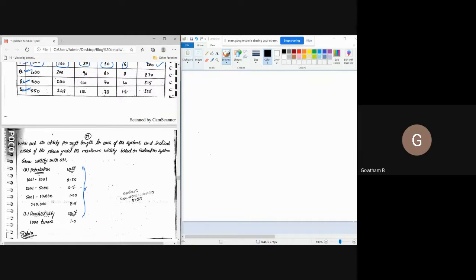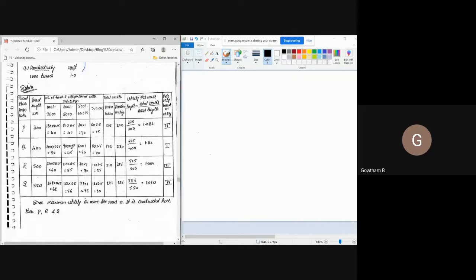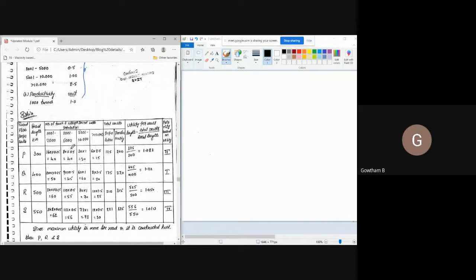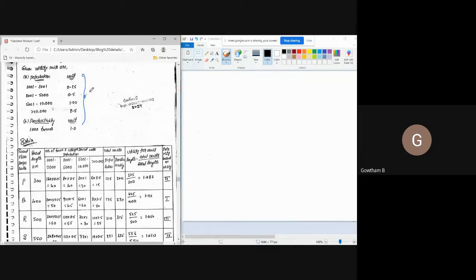Okay. Now come to the solution part. Before going to the solution, let us see the utility units given for population and productivity. If the population is in the range 1000 to 2000, you have to consider utility unit as 0.25. If the population range is 2000 to 5000, utility unit is 0.5.